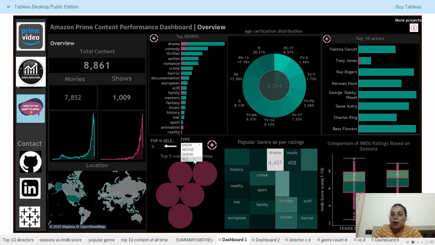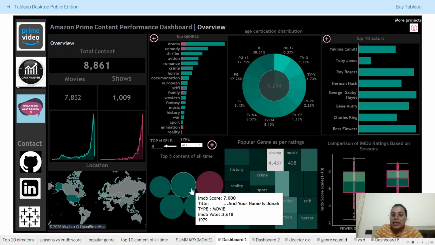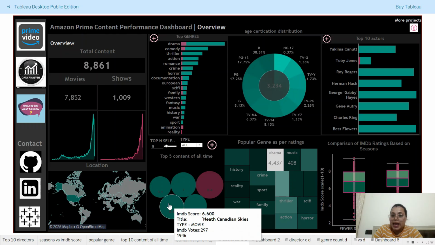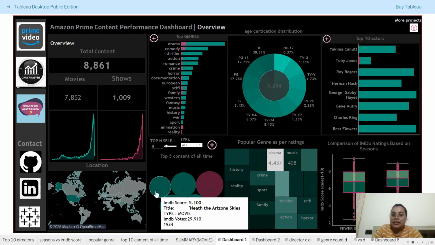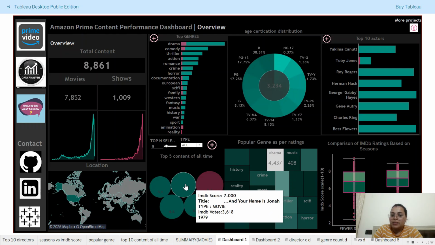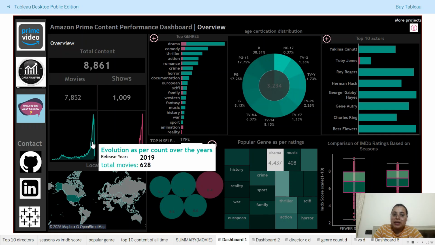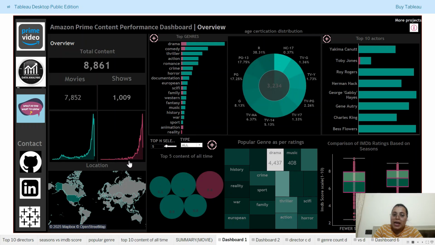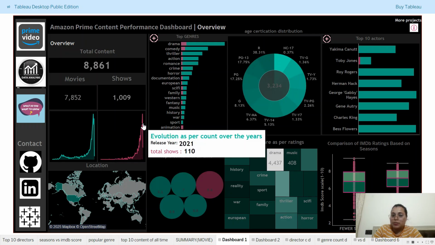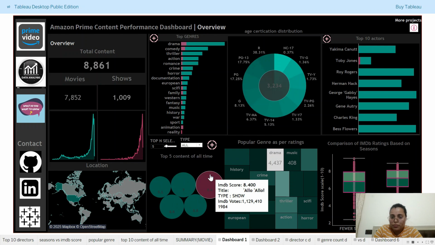And if we talk about all, these are the 5 content with high ratings: Nathan Can, DN Skies, then Arizona Skies. These are the movies and these are the shows. One more thing, green color is basically for the movies, and red or pink color is for the shows. Okay.